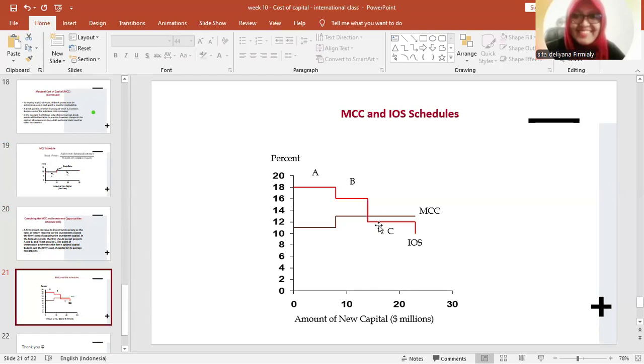This is the limit. Anything higher than this point should be good enough for the company to tackle. But if it's lower than this, then it is not good enough, because it will not be as profitable for the company, while still carrying the same risk.